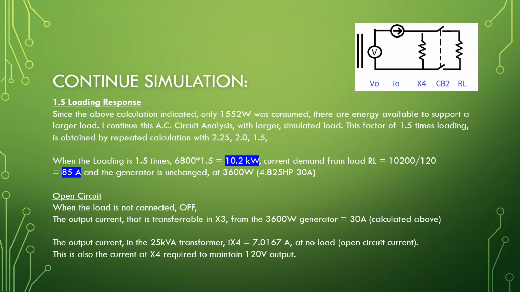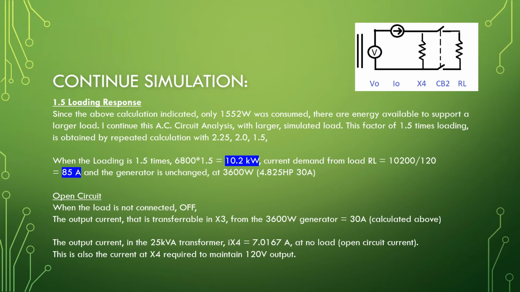This factor of 1.5 times the loading is obtained by repeated calculation with 2.25, 2, and 1.5. When the loading is 1.5 times, 6,800 times 1.5 equal to 10.2 kilowatt.